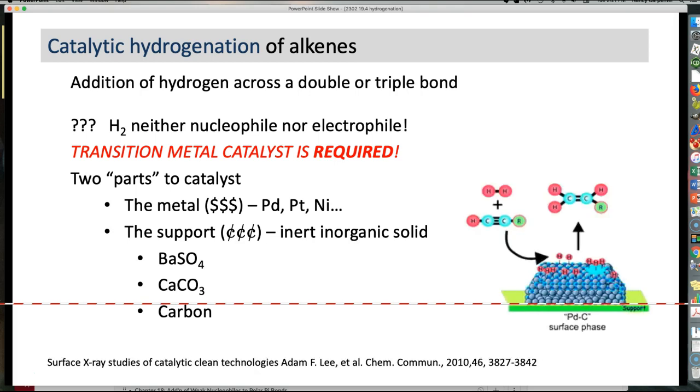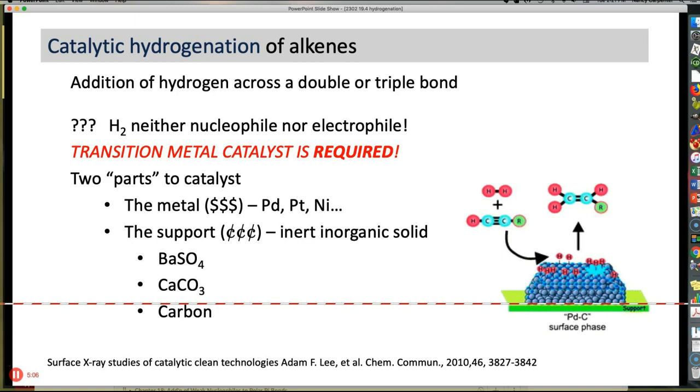So here's a nice little cartoon that shows what we're trying to convey. You see the blue dots here are my palladium atoms. And I really just need a monoatomic layer of palladium atoms upon which the reaction can take place. But that, of course, is not feasible.